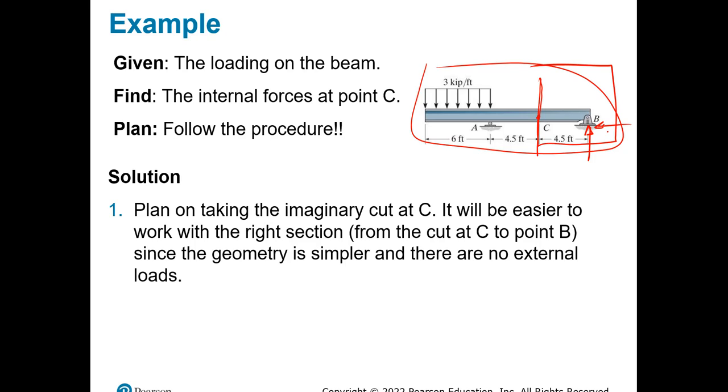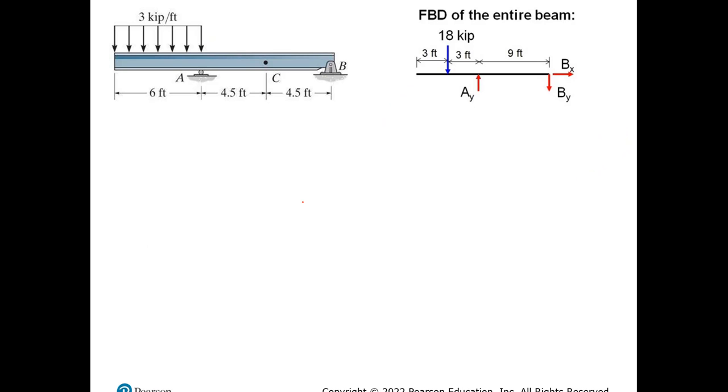In order for you to do that, you will have to look at the whole structure and then apply the equations. So the first thing we need to do is to convert the distributed load into a single one. It's a rectangle, so it's the base times the height, and it'll be located right in the center.